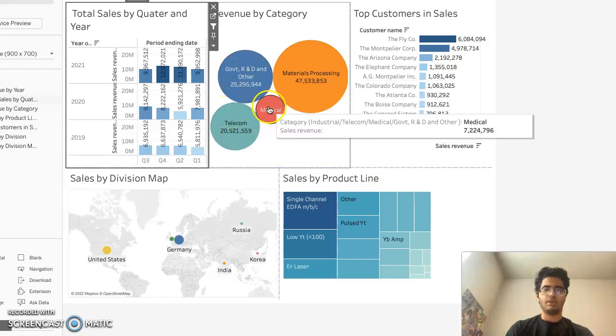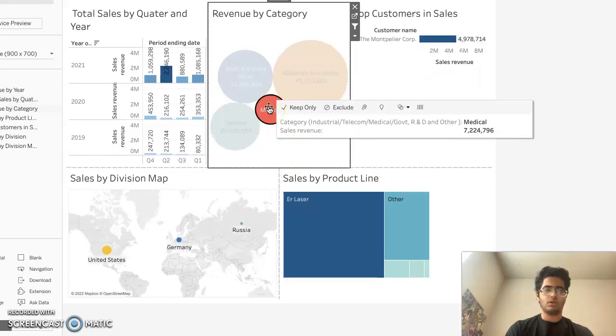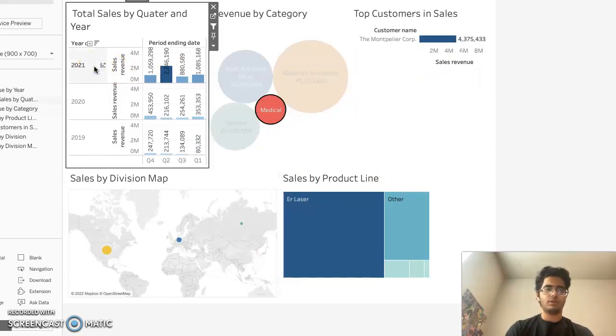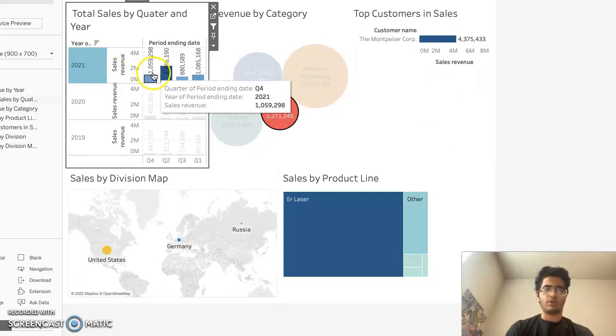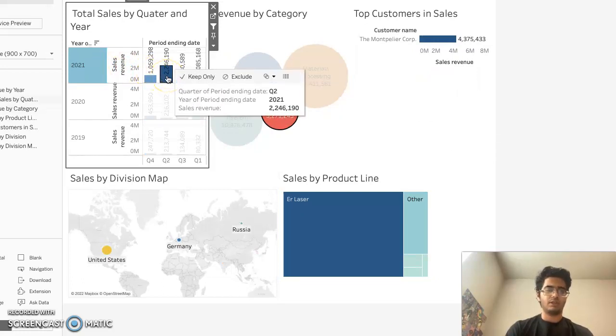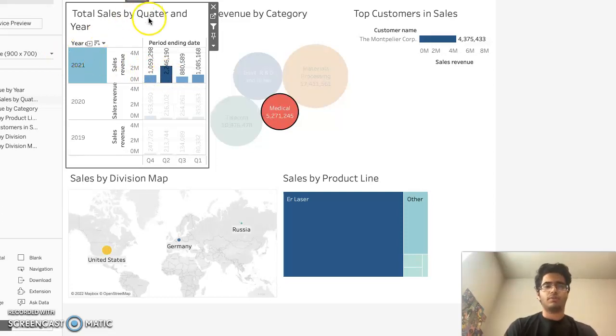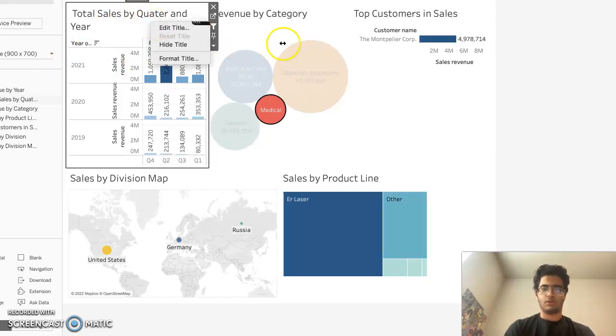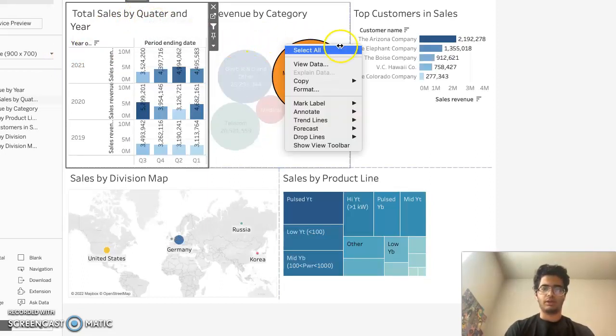We go to the medical category in 2021 to the second quarter. The second quarter is 2,226,246 and 190. We now deselect and go to our third question.